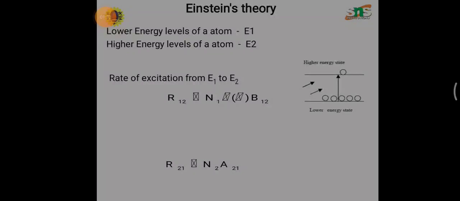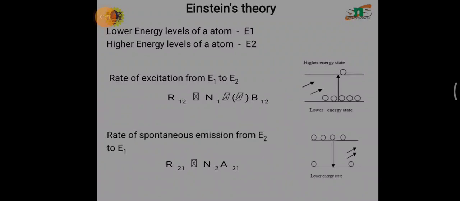So R12 is directly proportional to N1 rho nu B12, and R21 is A21 N2 plus B21 N2 rho nu.